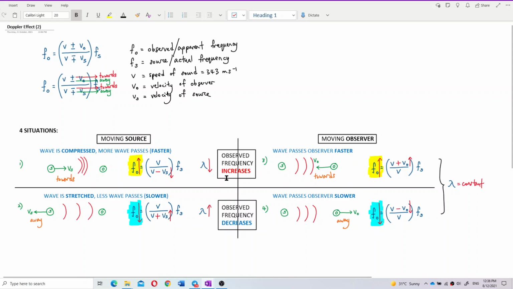Understand? If Vs is at the bottom, we minus. If Vo is at the top, we plus. So that the observed frequency always increases.